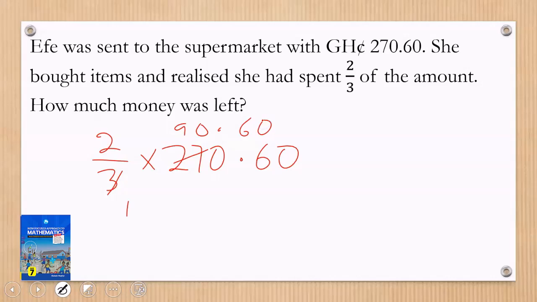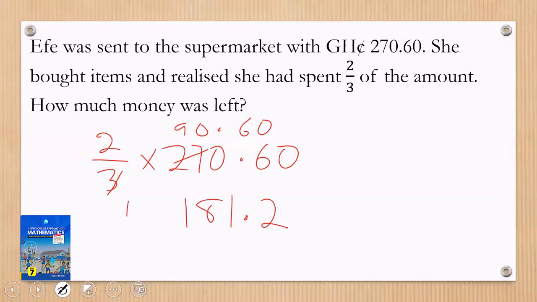All right, so we multiply 90.60 times 2, and the answer will give us 181.20. So this happened to be the amount of money she spent on the items she purchased at the supermarket.